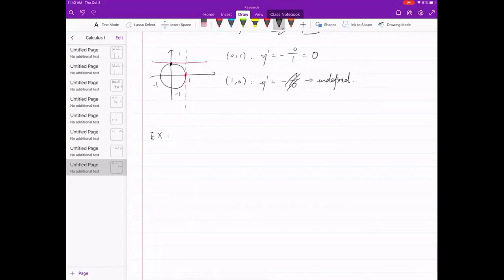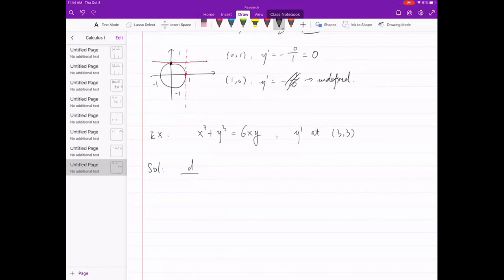Okay. Let's do it together, slowly at first. Let's do x cubed plus y cubed equals 6xy. We want to find y prime at 3, 3. If you want to solve for y, stop doing that because you're solving a cubic. We don't even know how to do it.